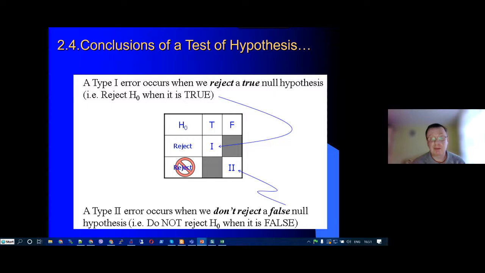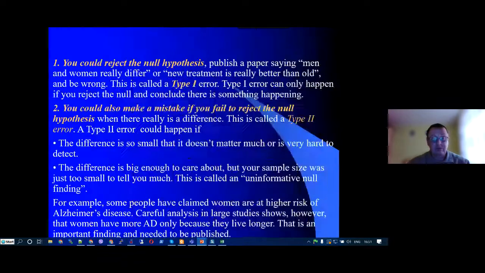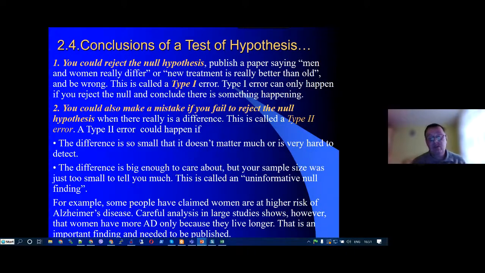So here we have a flow chart which shows the correct cases, the squares in gray. When we reject a correct null hypothesis, we get the so-called type 1 error, and when we fail to reject a false null hypothesis, we get the so-called type 2 error. The reason for this is given on the following slide.